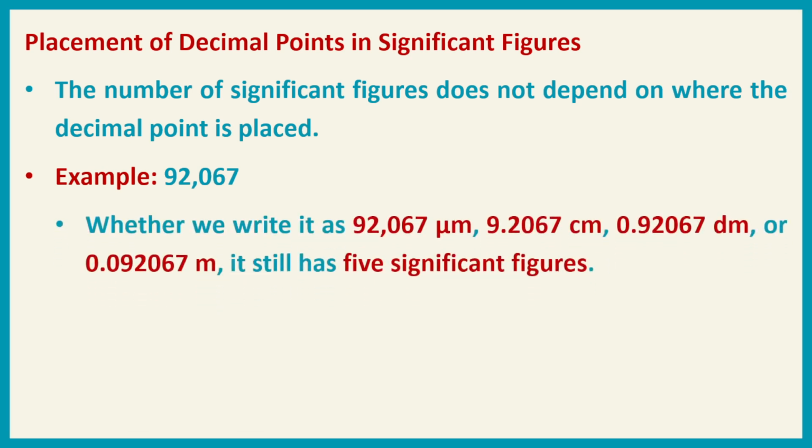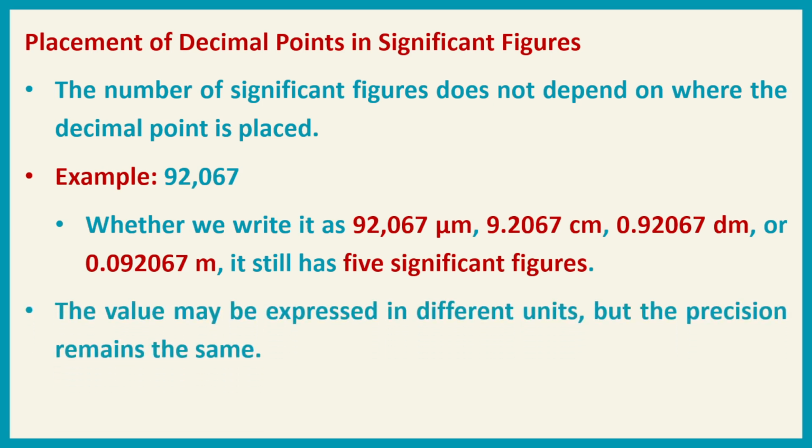Whether we write it as 92,067 micrometer, or 9.2067 centimeter, or 0.92067 decimeter, or 0.092067 meter, in all the cases we have 5 significant figures. The value may be expressed in different units, but the precision remains the same.